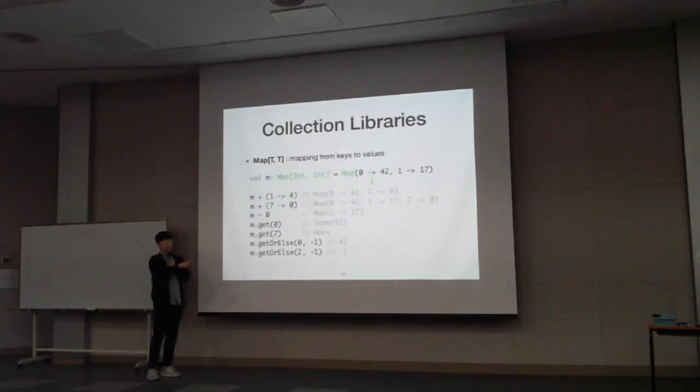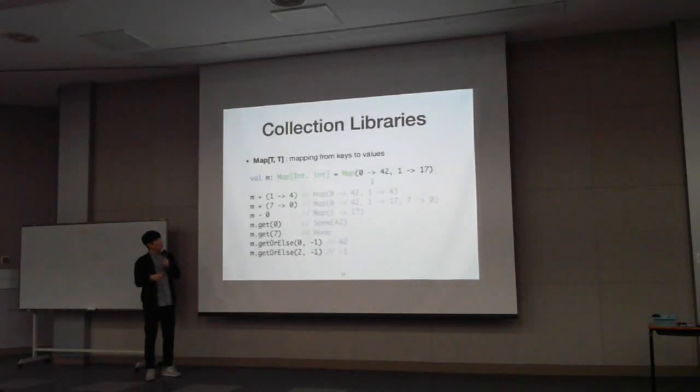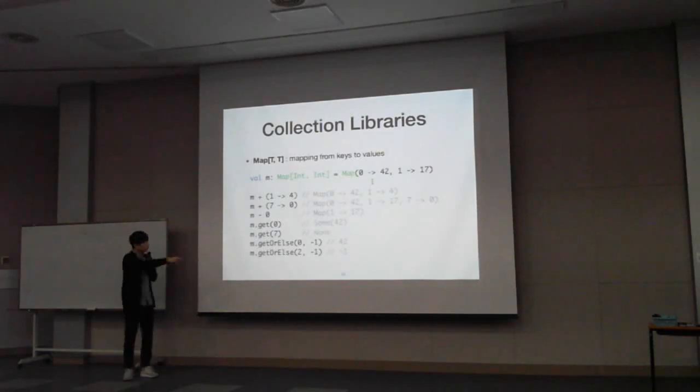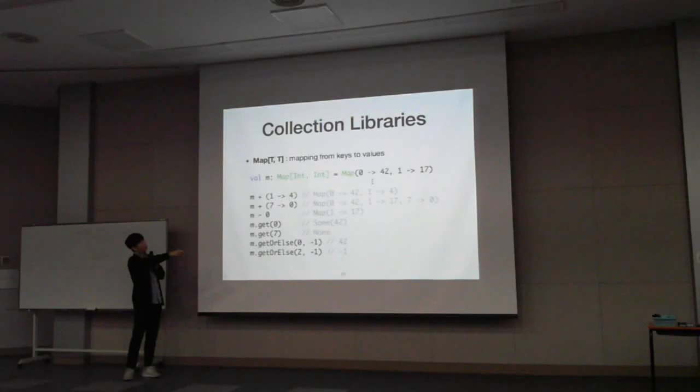So the get function type is Int to Option: it takes an Int and returns Option of Int. And getOrElse is similar. If key 0 exists, it returns the value, or if key 2 does not exist, it returns -1. So this is the default value.